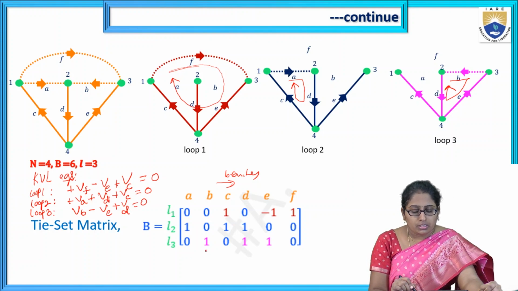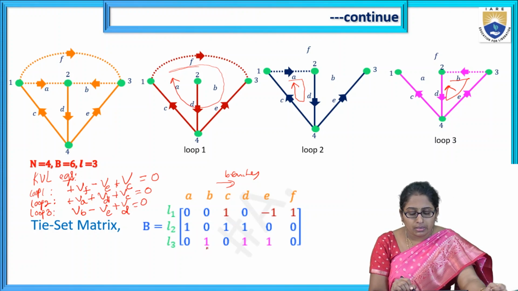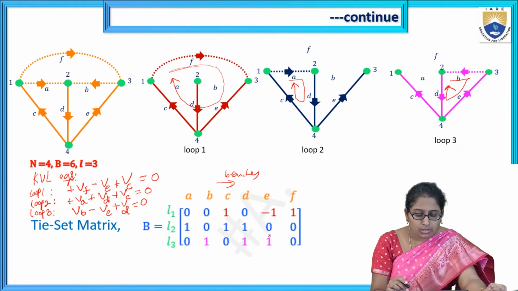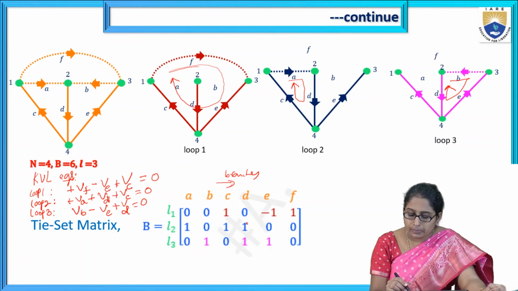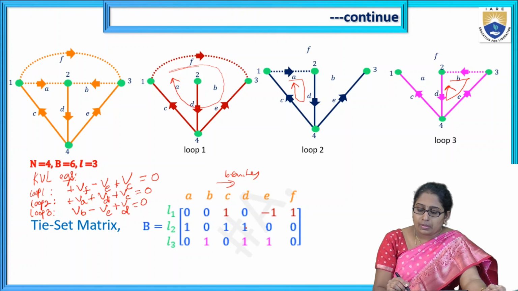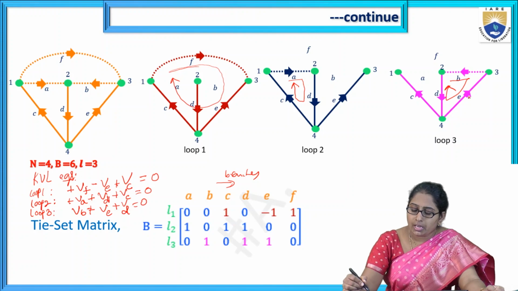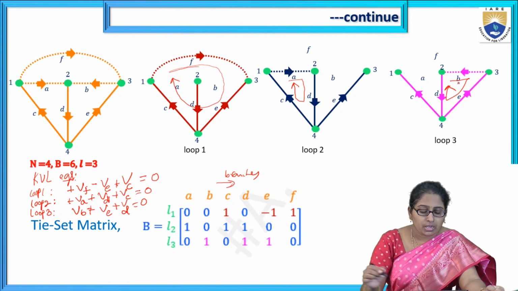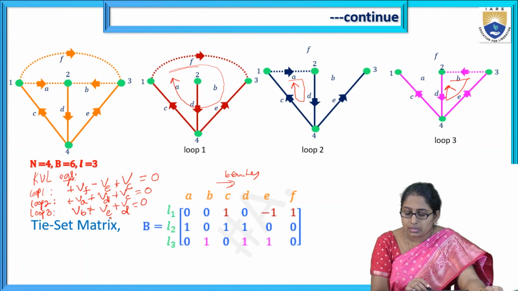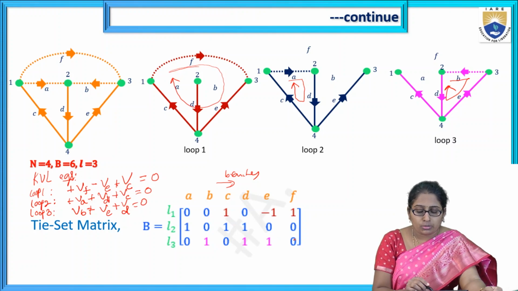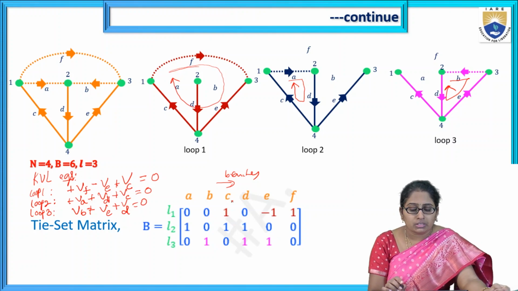Under branch B plus 1, VD plus 1, and VE also plus 1, sorry, because the E direction is opposite to the assumed direction, so that one is also plus. So under D we have plus 1, under E also plus 1. So there are only 3 possible loops.